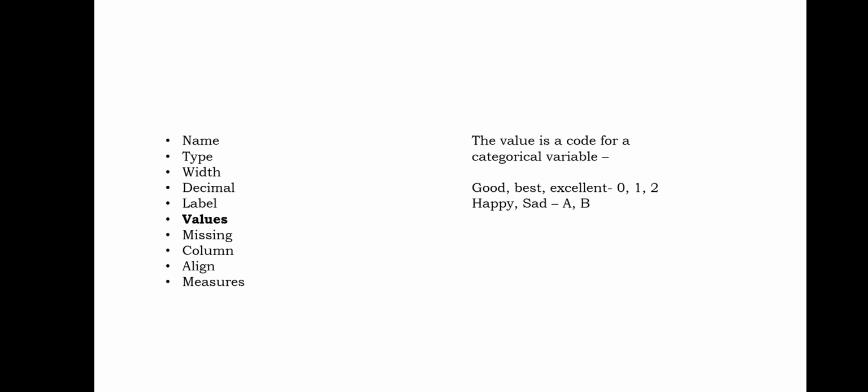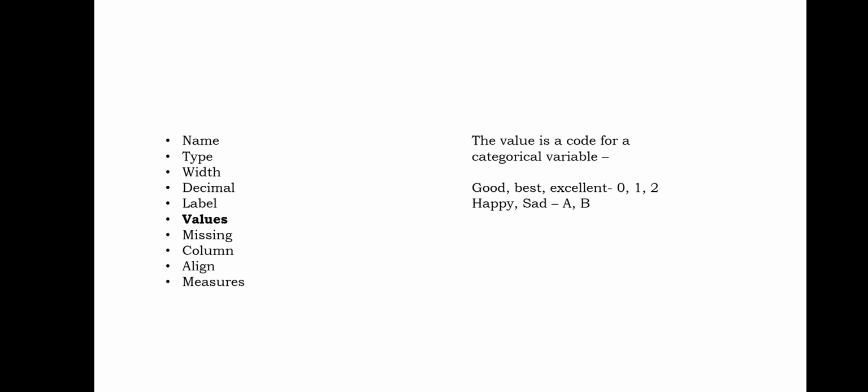For example, if we have a value 0, we label it as good. If we choose a value 1 for best, then we will label it as best. And if we choose a code 2, we give a value 2 and label it as excellent.